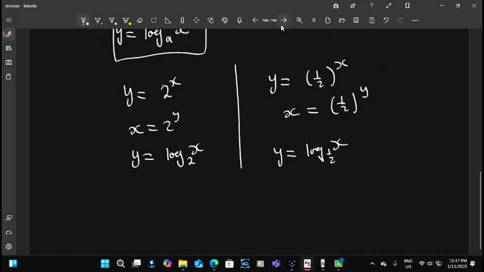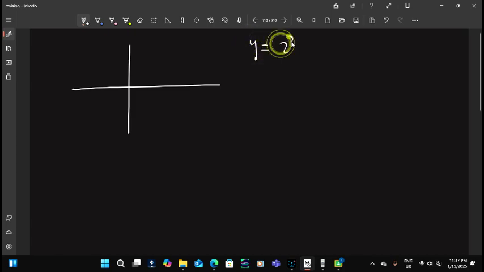So how does it look? Let us check. If I draw an exponential function, y is equal to 2 to the x, we know that its y-intercept is 1, it cuts at 1, and its asymptote is the x-axis, so it's going to go something like that.